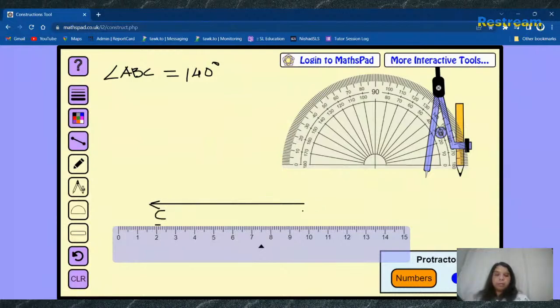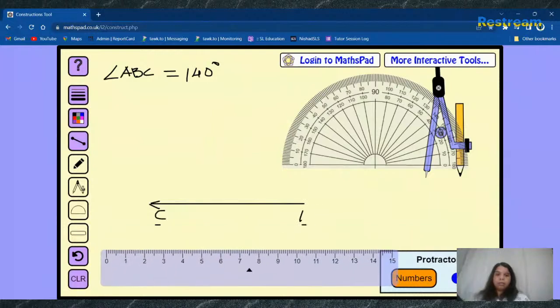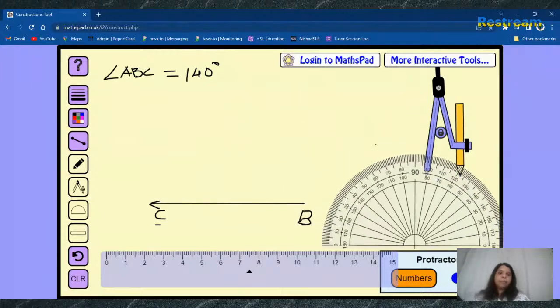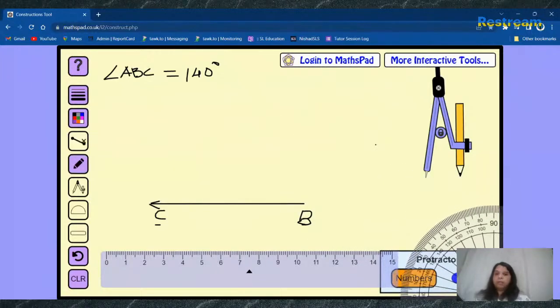So this is C here, B here, take it away, B, and then we have 140. Okay, so now I will join this line to pass through 140.